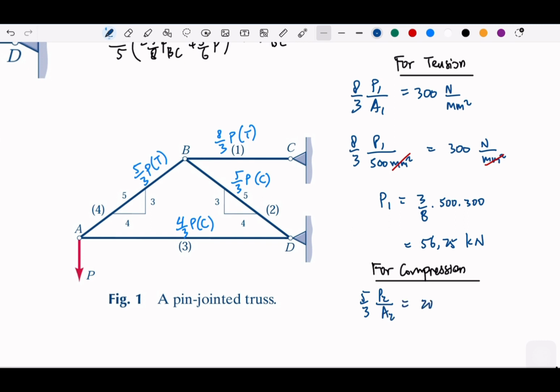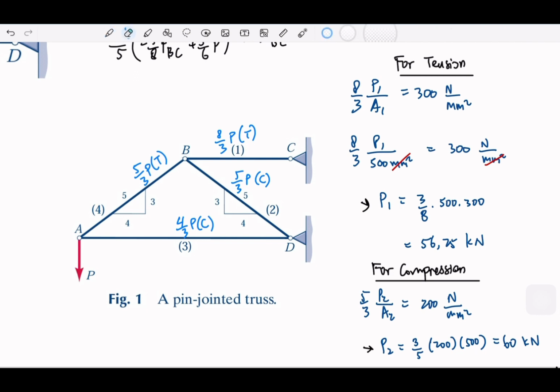This should be 200 Newton per millimeter square, and do the same thing. We're going to get P2 is 0.5 multiplied with 200 and 500. And if this is in kilonewton, this is going to be 100. 300 by 200 is 60,000, so 60 kilonewton. So we get the allowable force for both the tension and compression.